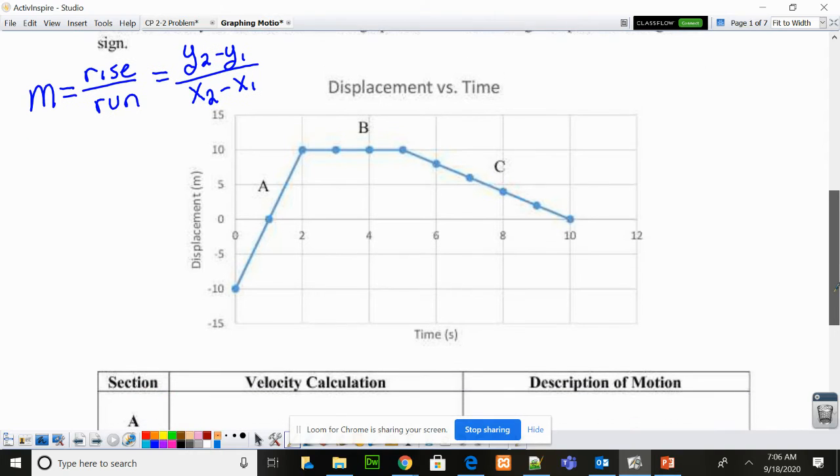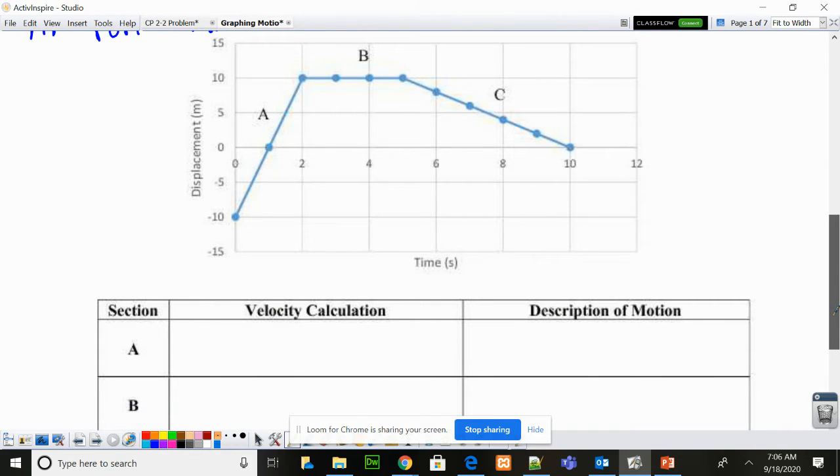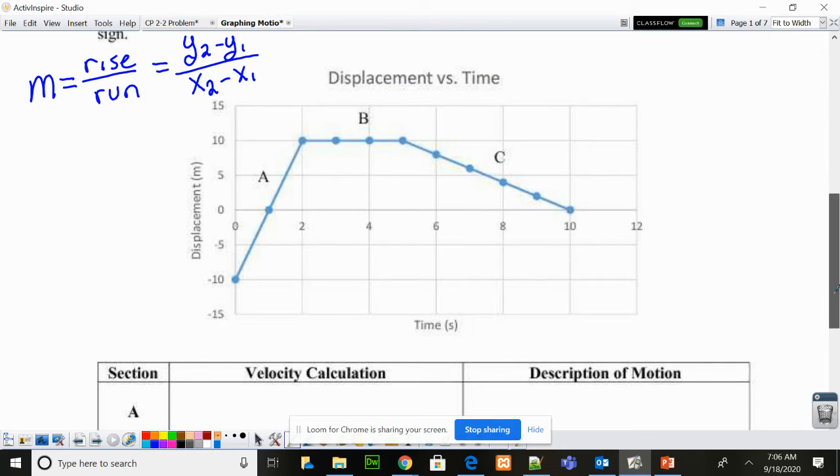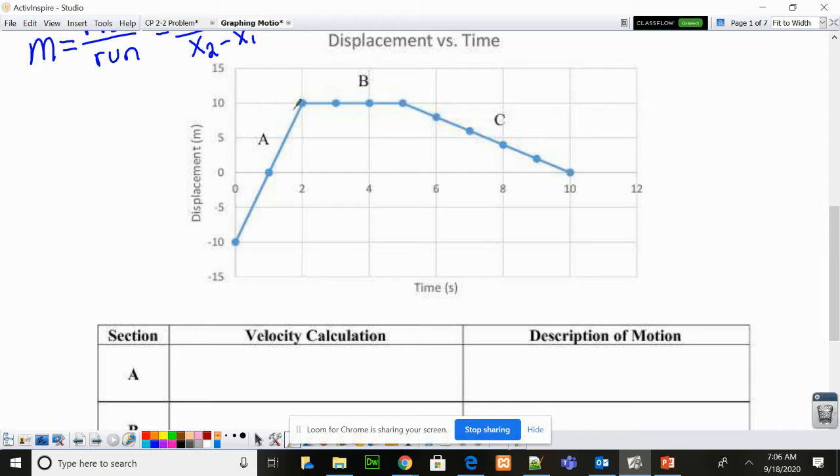So here's our graph, and down below we've got our space for our calculations. I've got my equation up there, so we'll be able to look at that if we need. So this is section A, that whole section. I need to find the slope of that line. It's a straight line for that portion, so I can pick any 2 points. I'm going to choose the starting and ending points. I'm going over 0 and down 10, and then over 2 and up 10.